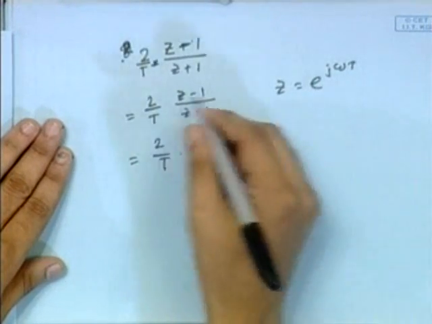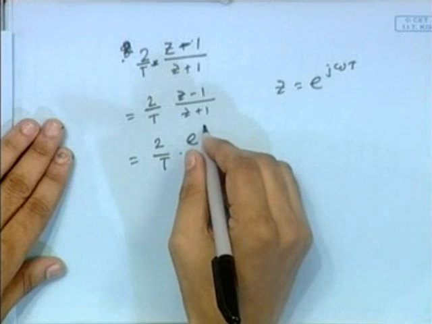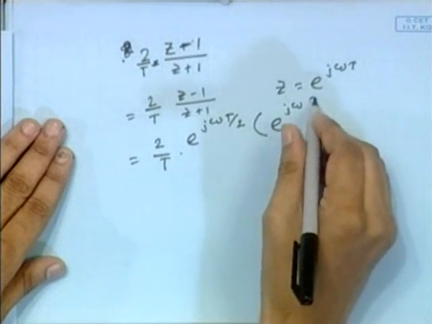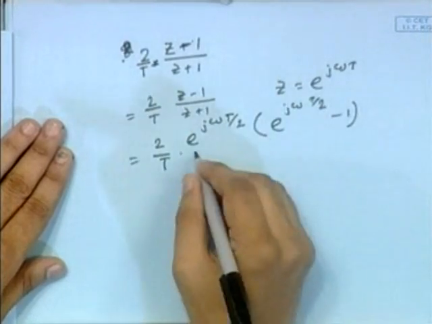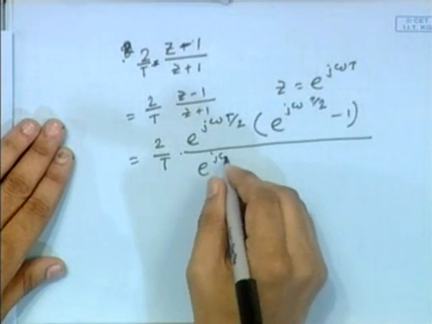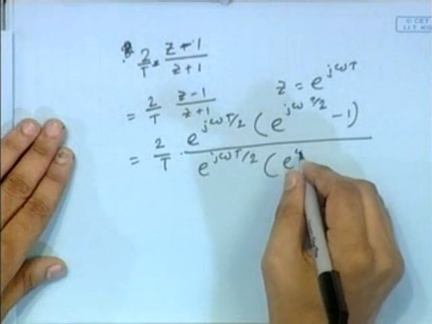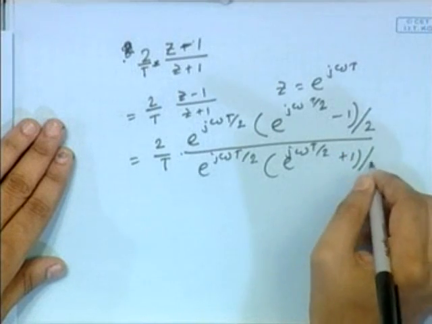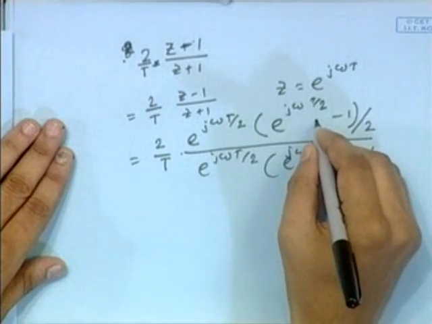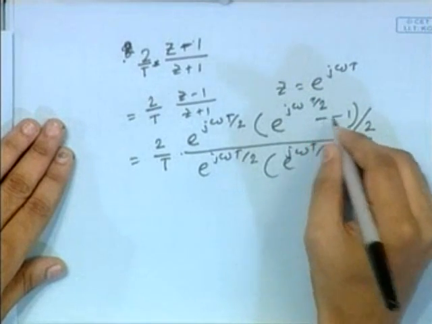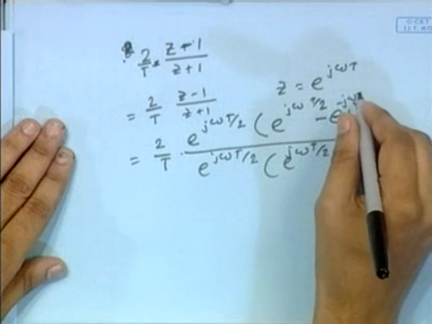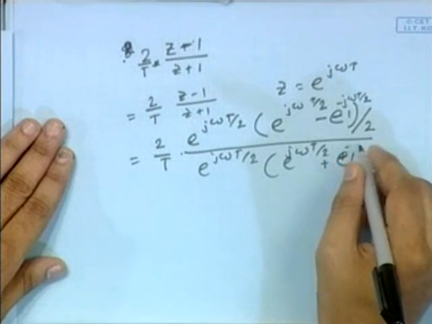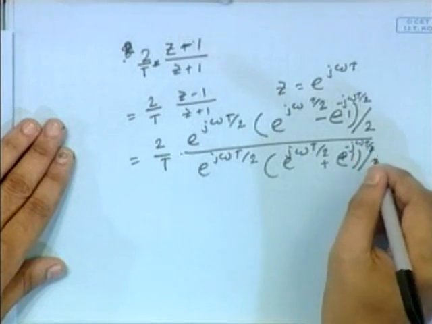So 2 by t, e to the power j omega t by 2 minus e to the power minus j omega t by 2, divided by e to the power j omega t by 2 plus e to the power minus j omega t by 2.